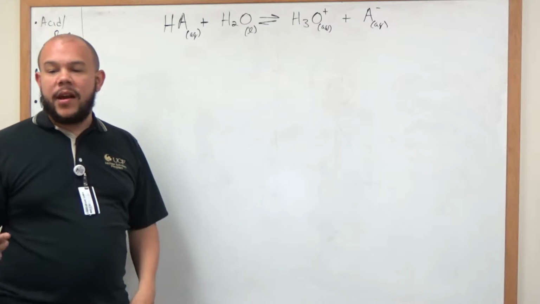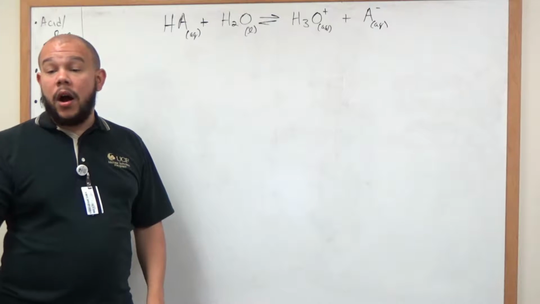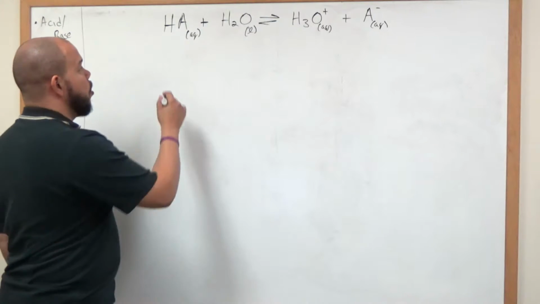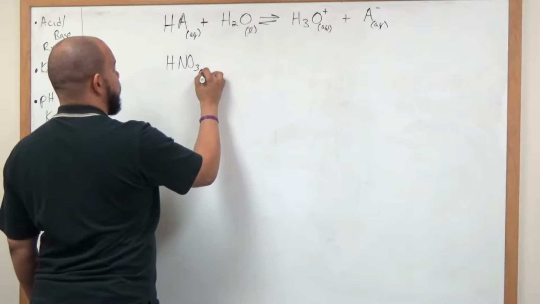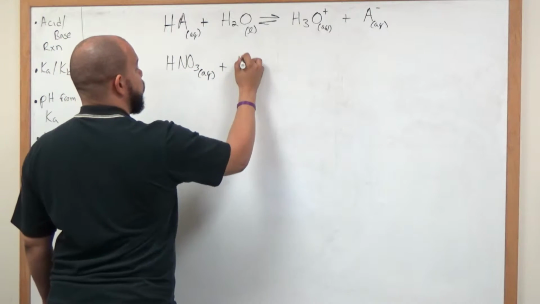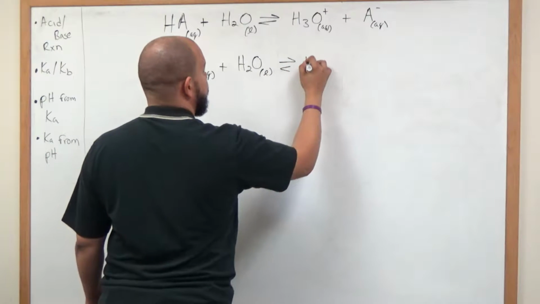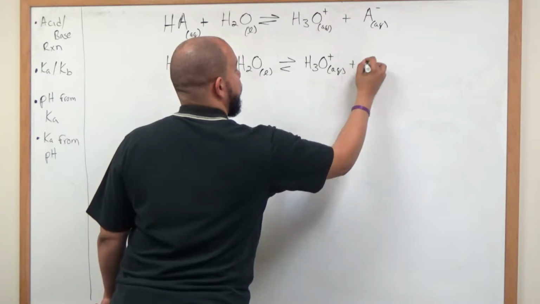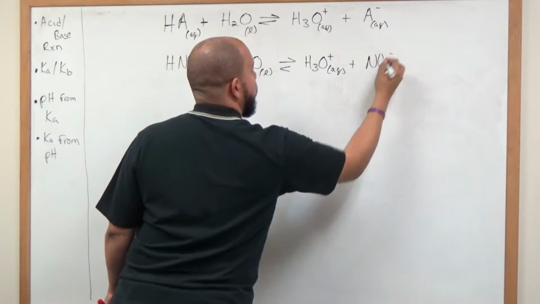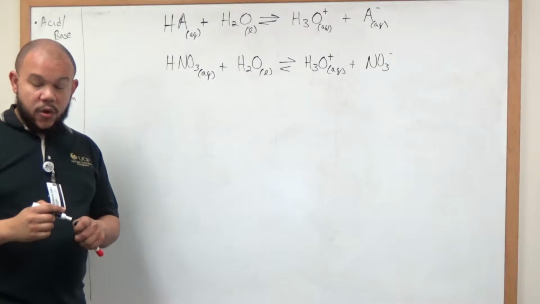Let me give you an example of what this looks like in an actual compound. Let's look at nitric acid plus water, liquid, gives us hydronium plus nitrate. Again, remember, we label each of these a certain way.